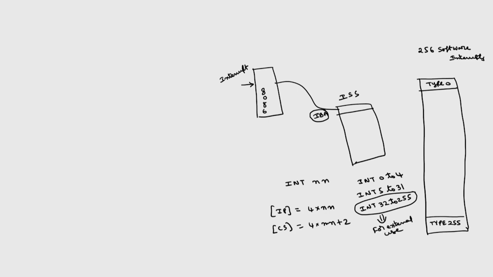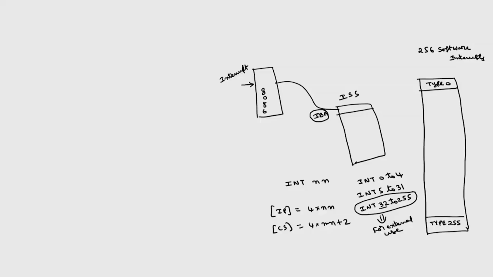So corresponding to IR0 to IR7, even in cascade mode IR0 can be connected to 8 more interrupts. So you have to use one of INT 32 to INT 255.